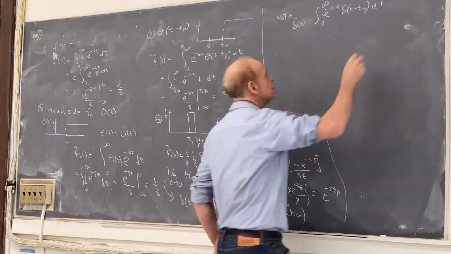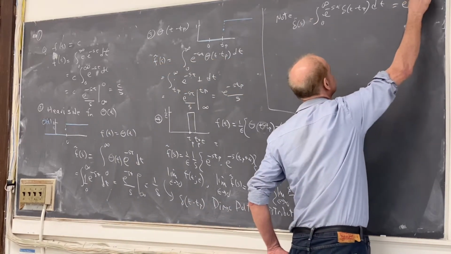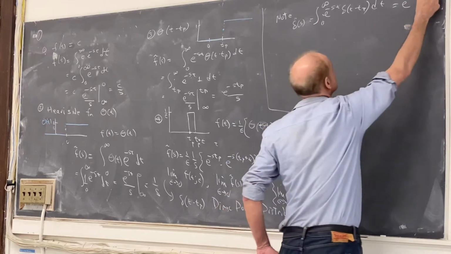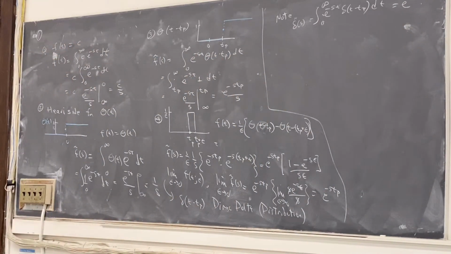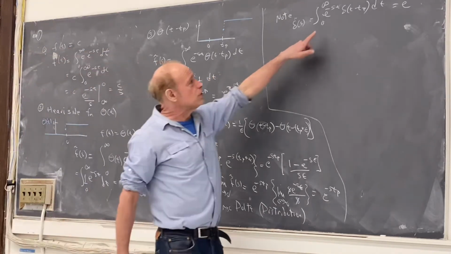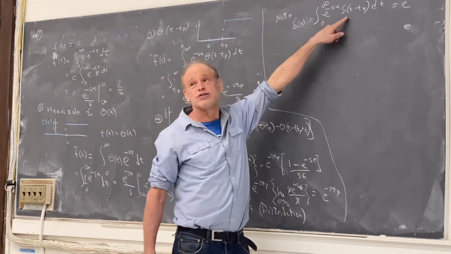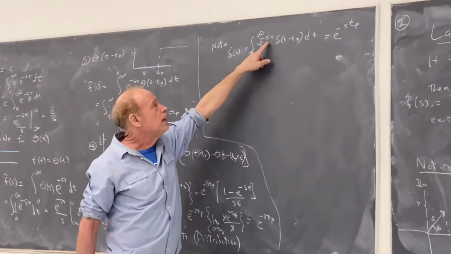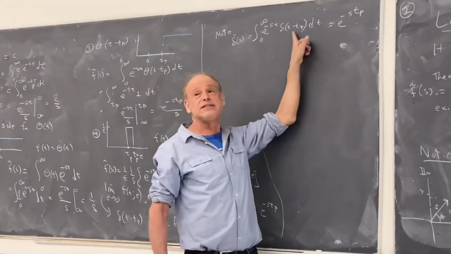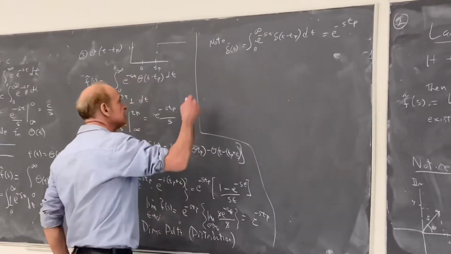And notice this was equal to e to the minus s tp. Notice something funny here. This integral was the integral of an exponential times delta. This could be at all values of t. And I just got the exponential back at tp. Let's see if that happens in general.